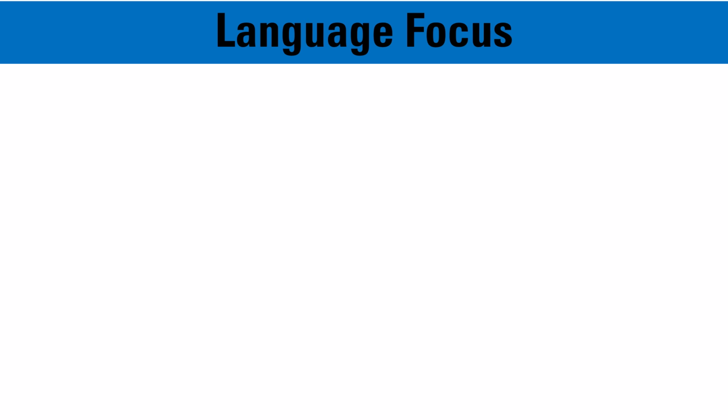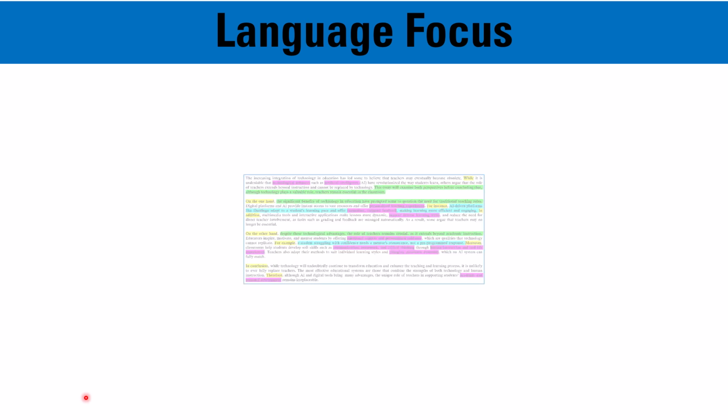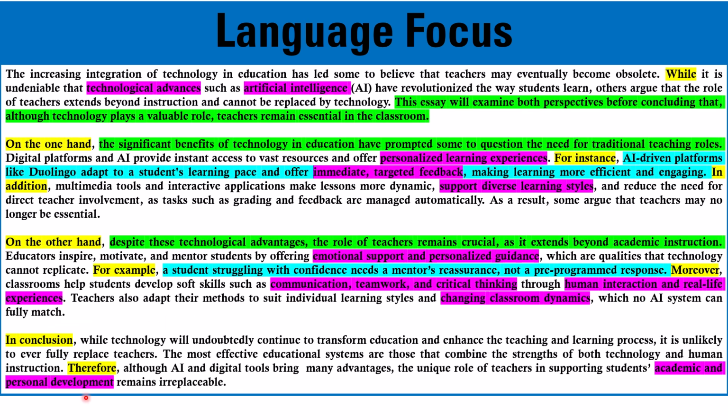Now let's look at the complete essay with important language features highlighted using colors. Yellow shows connectors and cohesive devices that help link ideas smoothly across the essay, like on the one hand, on the other hand, in addition, and so on. Green highlights the thesis statement and topic sentences. These are the backbone of your essay and guide the reader through your argument.